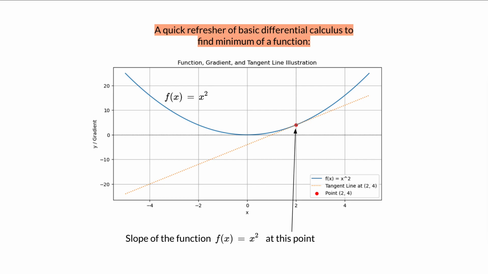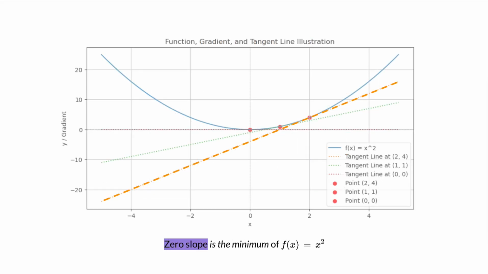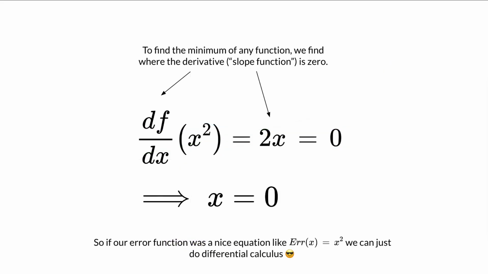The slope of the function at this point, we can just plot the tangent to the line and then look at the height over the width, or the rise over the run, which is a over b in this case, and that gives us the slope at that point. And then we can look at where on that function the slope is equal to 0.